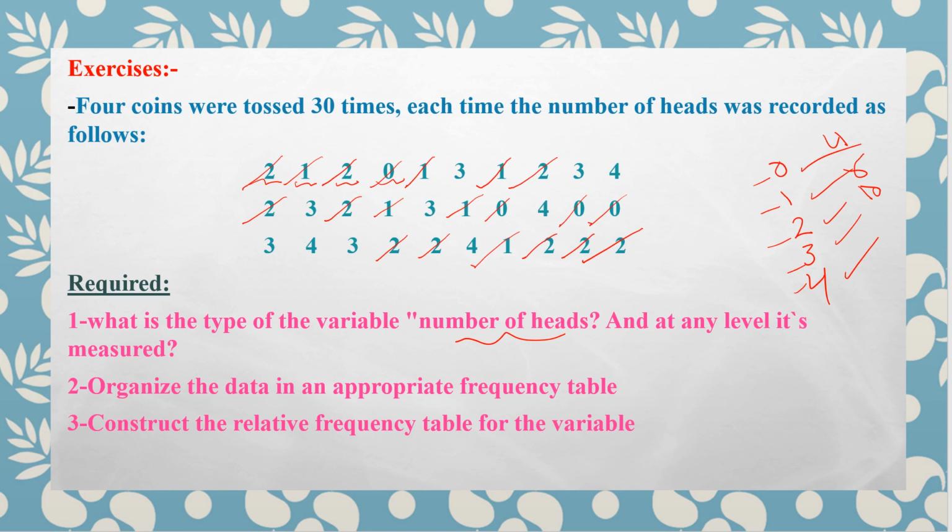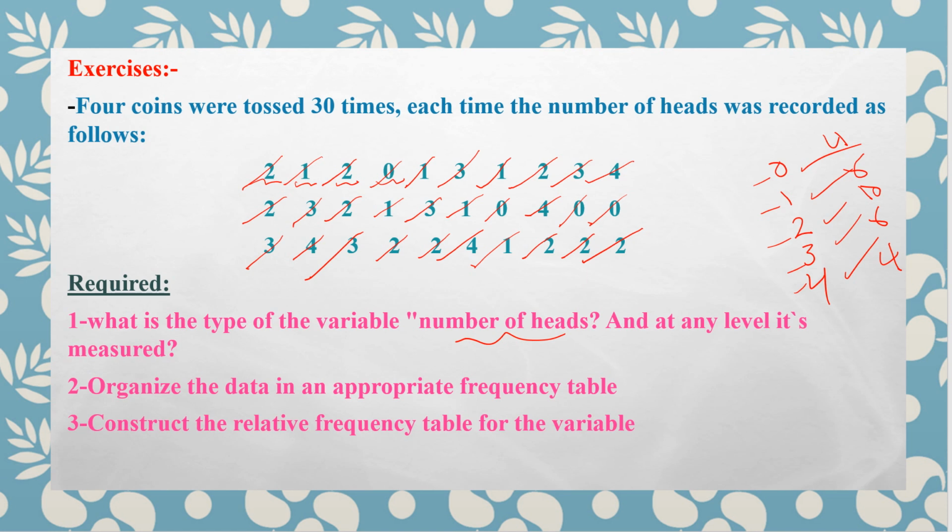For the number of heads equal to 3, we count 1, 2, 3, 4, 5, 6. We had 6 times. For the class of 4 heads, we get 1, 2, 3, 4. Only 4 times.